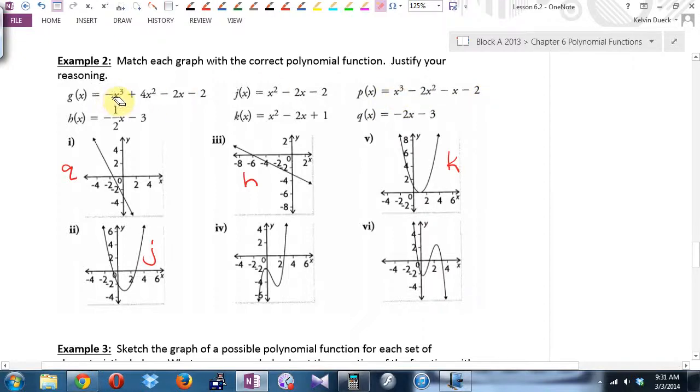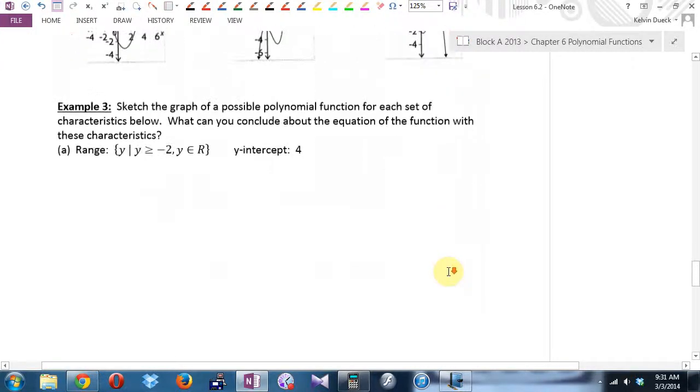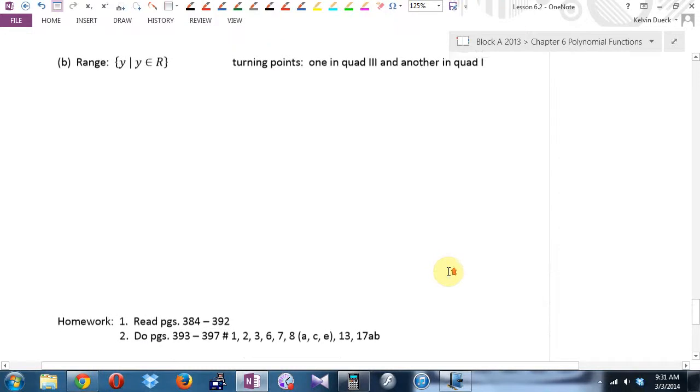Okay, P of x, which is positive, is which one? Going up this way, I can safely say that's graph P, and that's graph G. Process of elimination. A couple more, we're done.